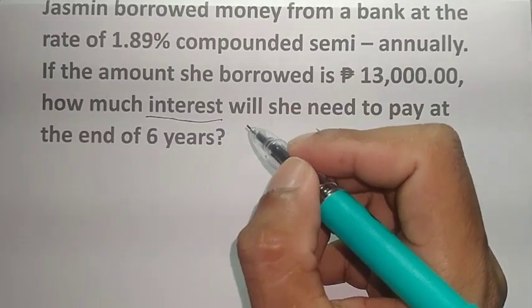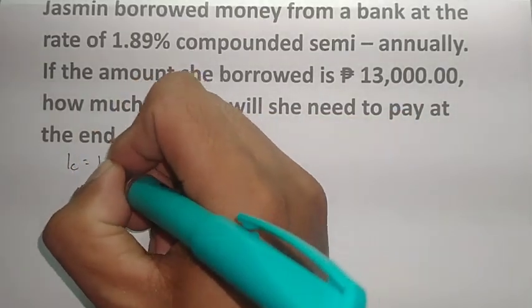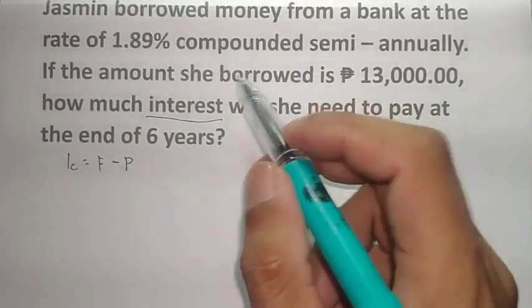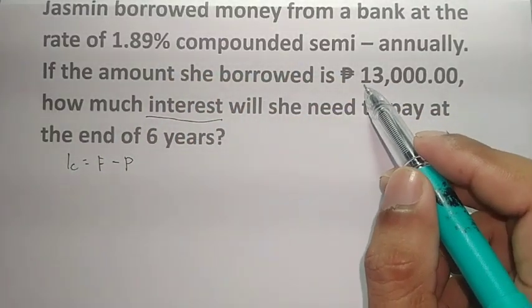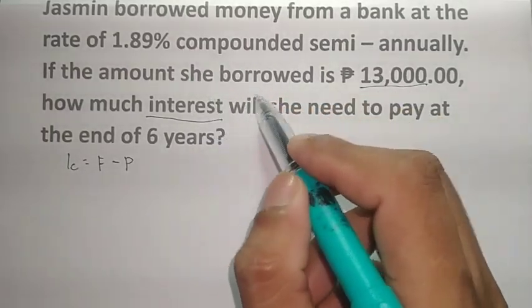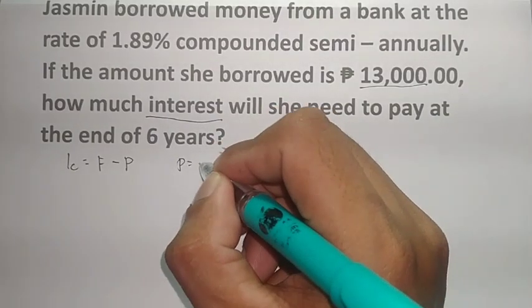In order to find the interest, we need the formula I sub c is equal to future value minus principal. And here we have 13,000, and it says that the 13,000 is the amount she borrowed. That means that 13,000 is our principal.